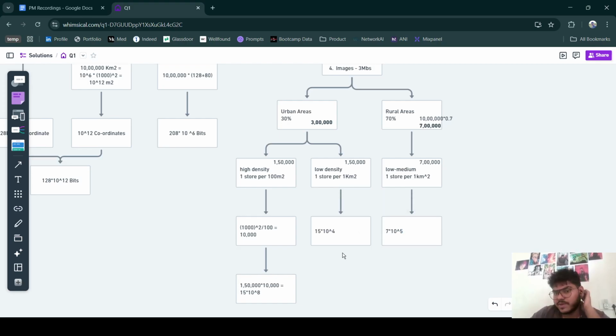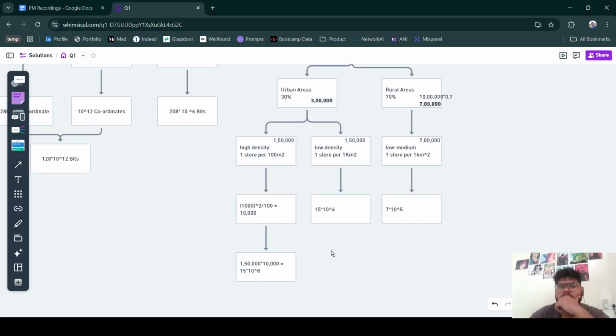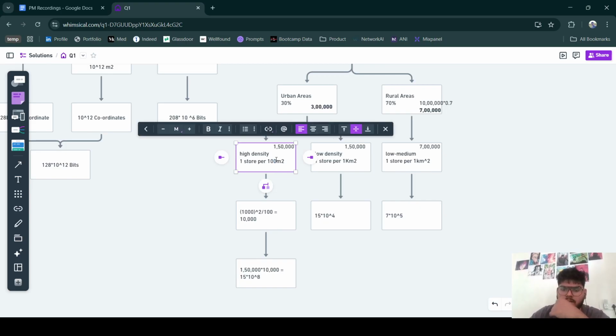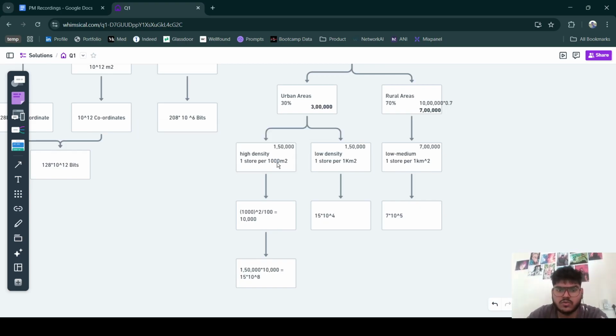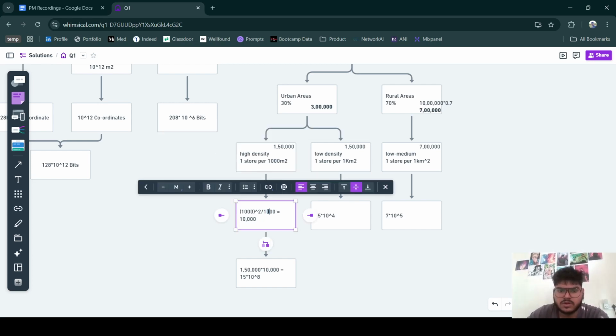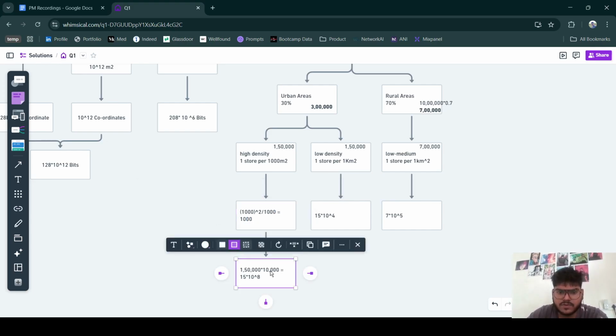This much number of stores we have in the data. It is coming around too much. So if we take 1000 square meter and divide it by this much, that would be less, around 1000.